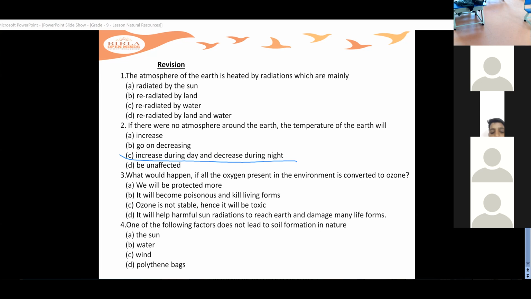The temperature will increase during the daytime, and at night, because there's no sun, there will be a decrease in the temperature. Okay, is it clear?